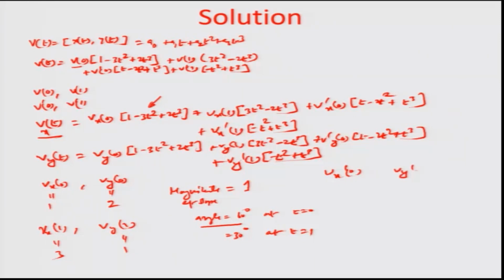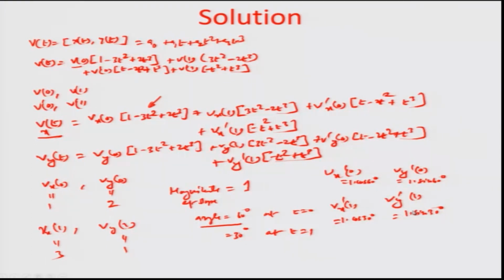That means v'x0 and v'y0, and similarly v'x1 and v'y1, as the values 1 cos of 60 degrees and 1 cos of 30 degrees, and similarly 1 sin of 60 degrees and 1 sin of 30 degrees.